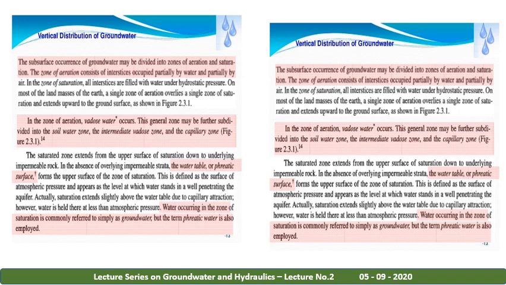Since the water in the phreatic zone is under pressure more than atmospheric, if a hole is dug in this zone, water begins to flow into the hole, whereas the water in the vadose zone moves freely under the force of gravity.